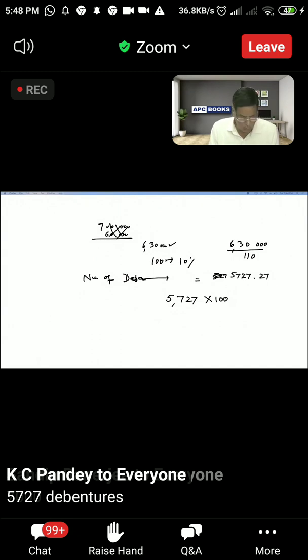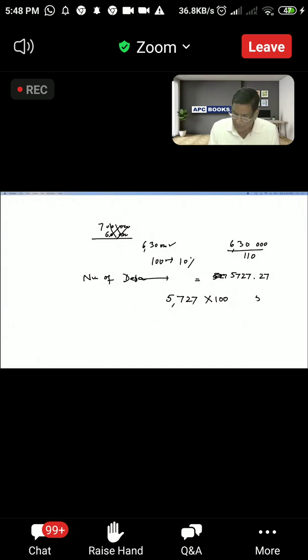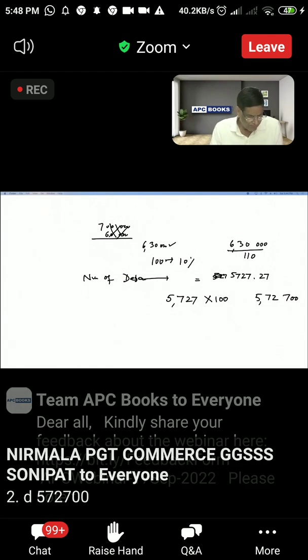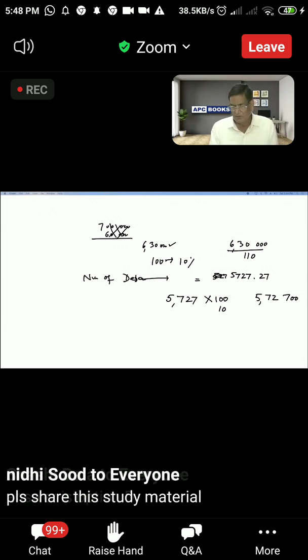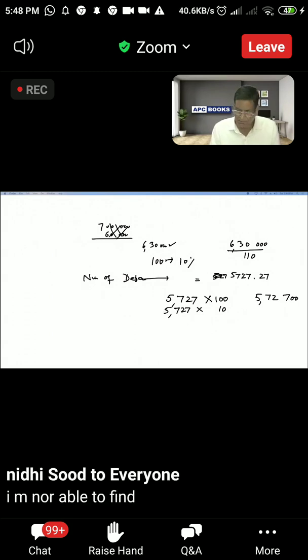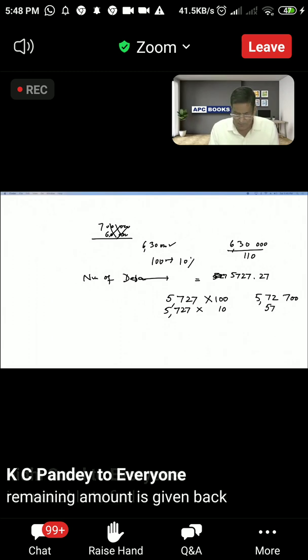That will amount to 5,72,700. And securities premium of rupees 10 per debenture on these debentures will amount to again 57,270.